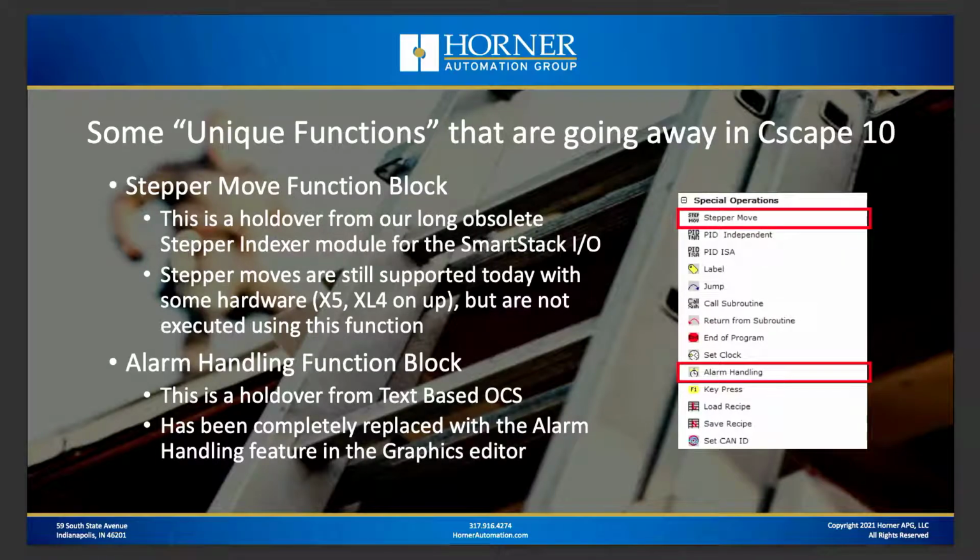We have since come up with better approaches for both stepper moves as well as alarm handling. Our alarm handling is quite advanced and it's included in our graphics editor, and there's a lot of additional improvements coming in Cscape 10. So these two particular functions will be going away, whereas the rest of the unique functions we talked about today will be staying put.